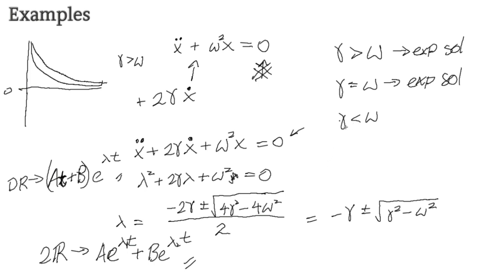However, for gamma less than omega, we get an i value, which is a root of a negative number, which means that we have a complex solution.